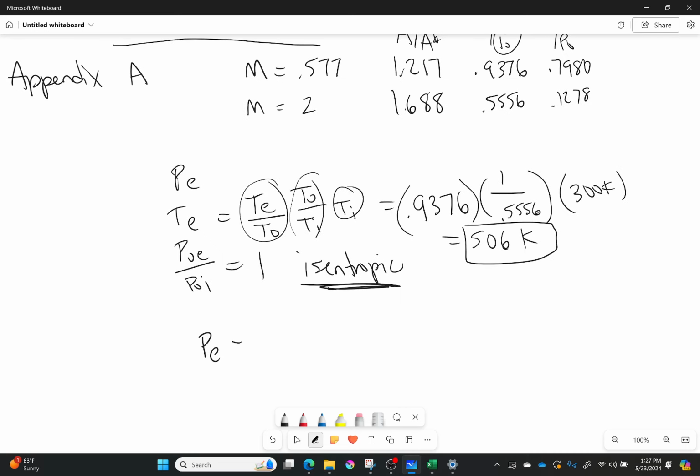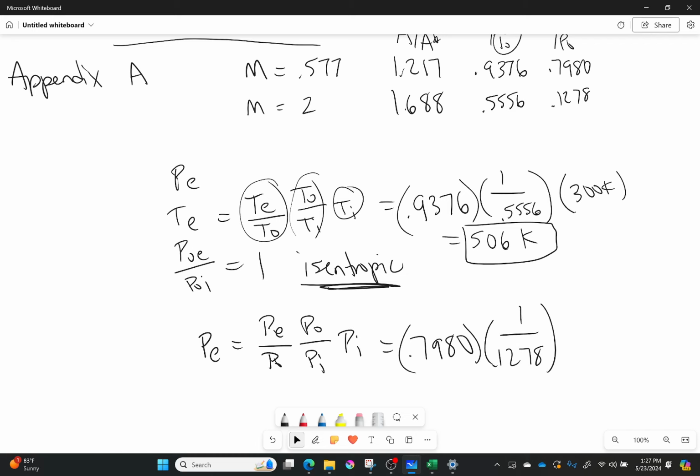So P exit is going to be equal to P exit over P naught times P naught over P inlet times P inlet. So just like I did it for the temperature. So I get 0.7980 times 1 over 0.1278 times, I believe the pressure was half an atmosphere. Yes, it was, 0.5. And that gives me a pressure of 3.12 atmospheres. Happy days.